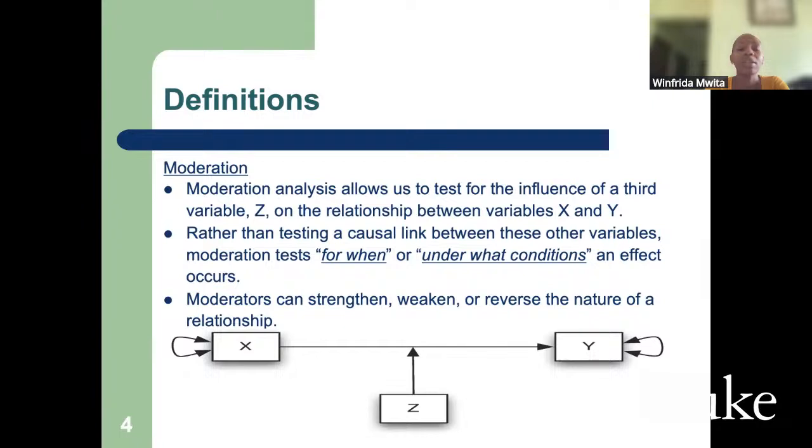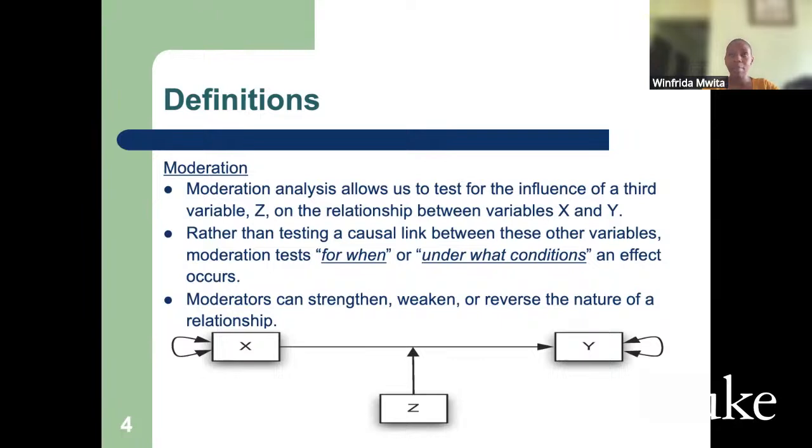So when conducting moderation analysis, it allows us to test for the influence of a third variable, I'll call it Z, on the relationship between your independent variable X and your dependent variable Y. So rather than testing a causal link between the two variables, X and Y, the moderation test tries to tell you for who and under what condition the relationship that you are seeing occurs.